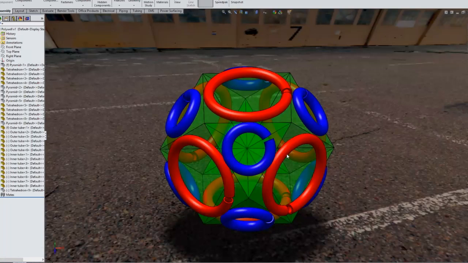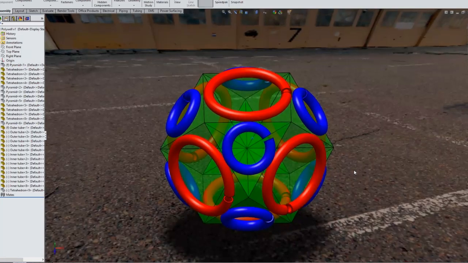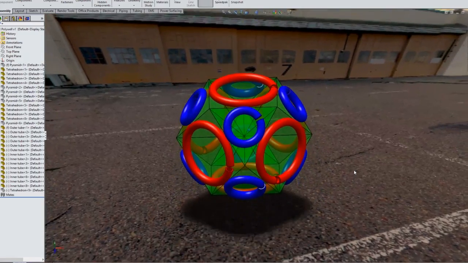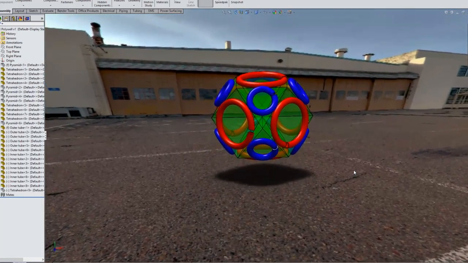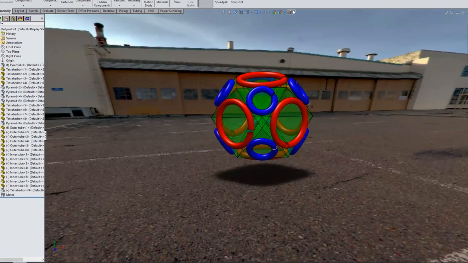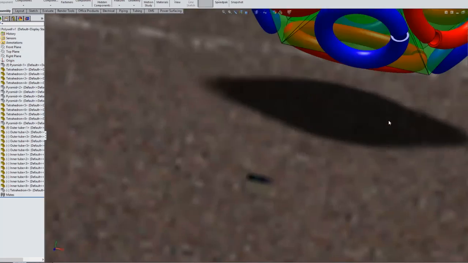So you could do different materials, different gases to create that imbalance. So it's interesting. Yeah, look at that. That's a nice close up.